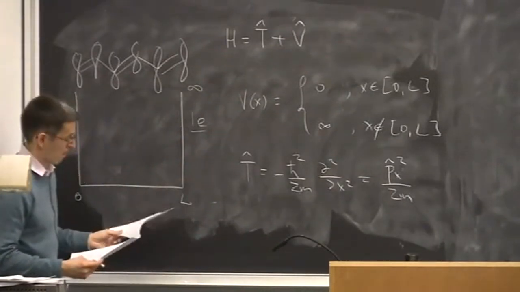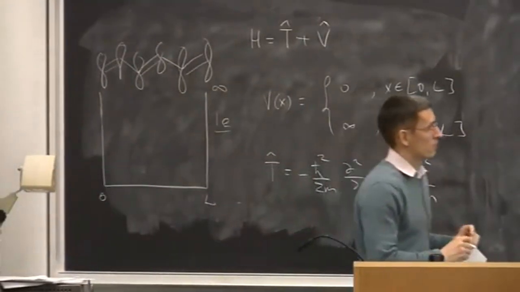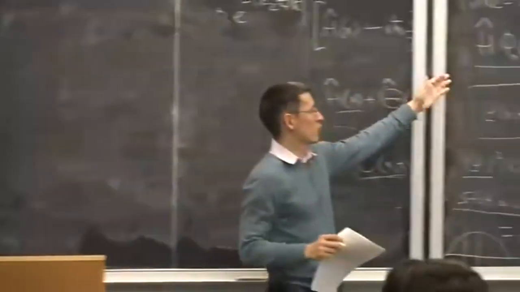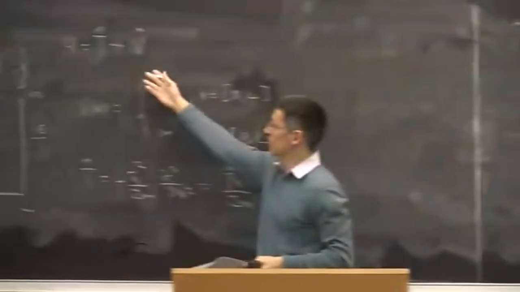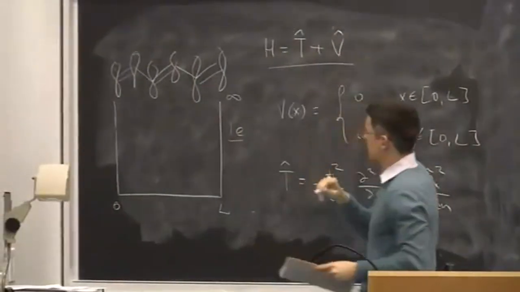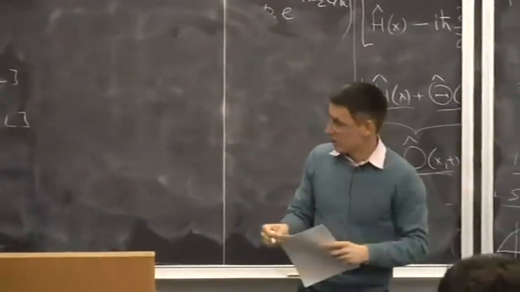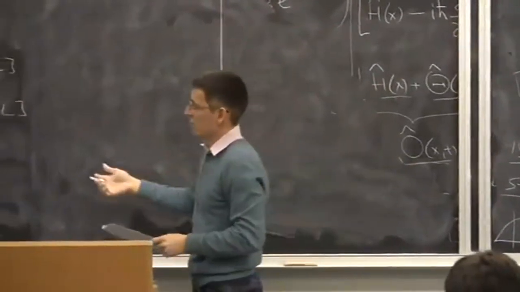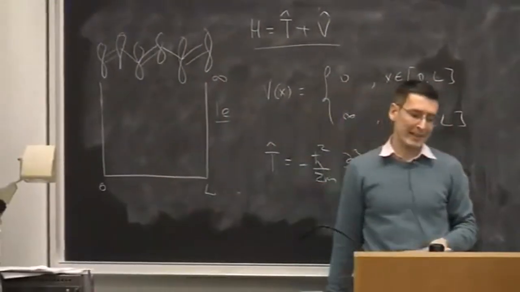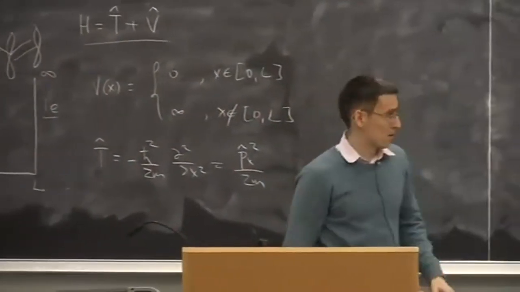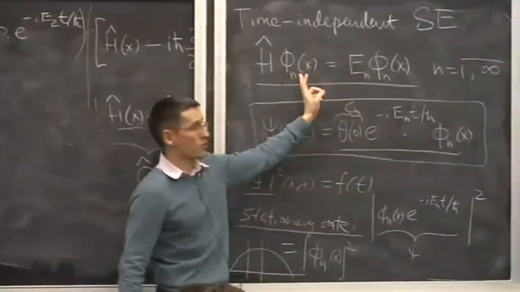Now what we will be doing is solving the time-independent Schrödinger equation for this Hamiltonian. This is one of the simplest problems in quantum mechanics, yet it is relevant to some of the conjugated compounds. What it will give us is the eigenspectrum, so these energies and the functions.